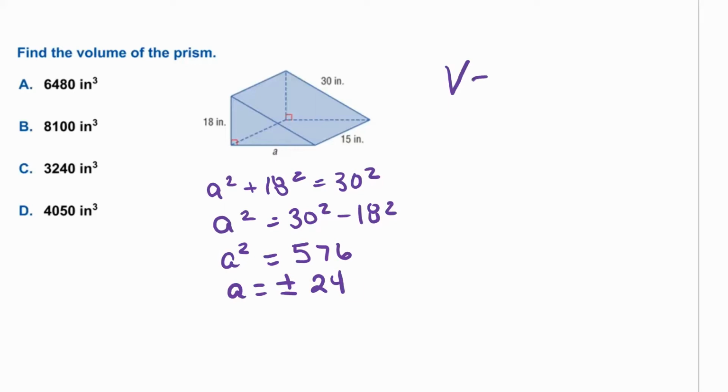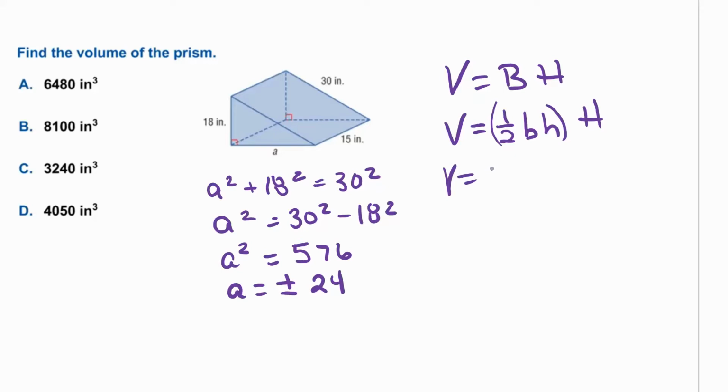So the volume is the area of the base times the height of the prism. The formula for the area of this base would be 1/2 base times height times the height of the entire prism. So volume equals 1/2. The length of the base we just calculated was 24.